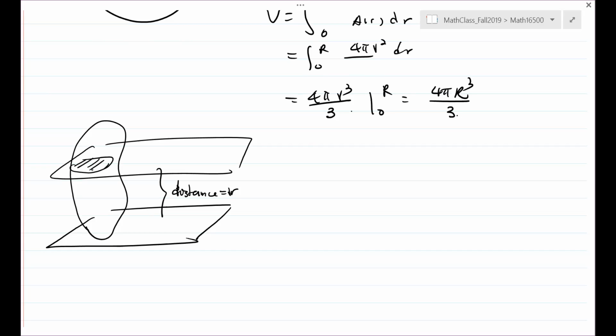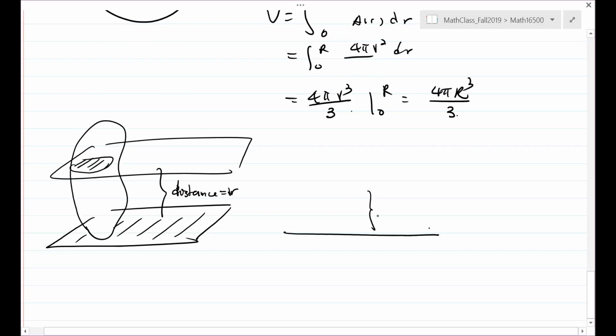This is a fixed plane. Then we use a fixed line. With a fixed line, the distance function equal to r gives a cylinder instead of a plane.